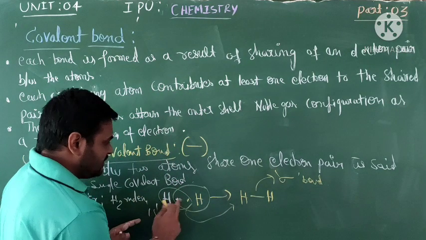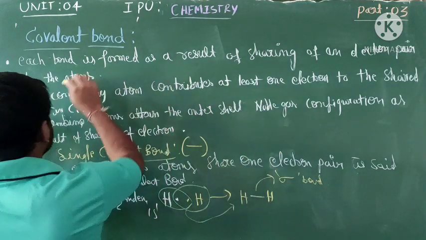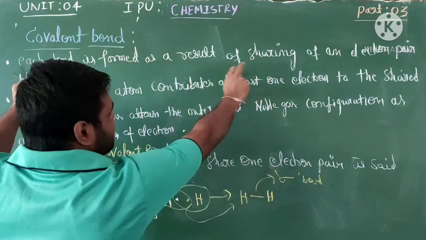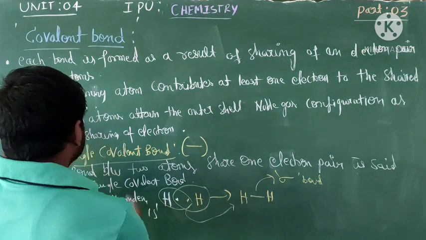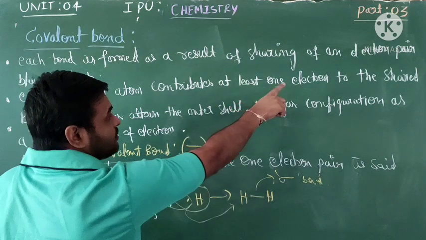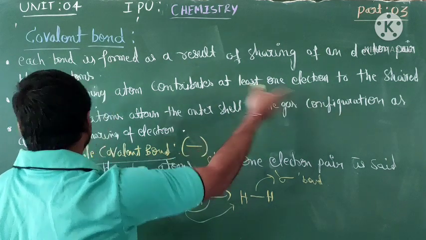See the terms we said: each bond is formed as a result of sharing of an electron pair, and each combining atom contributes at least one electron to share the pair.